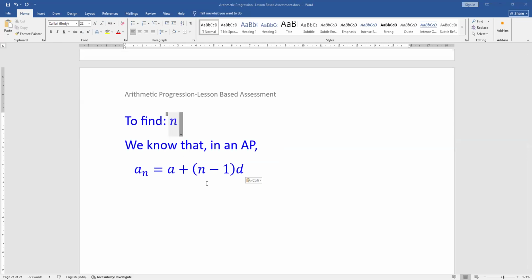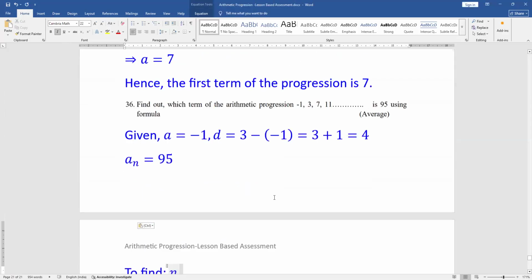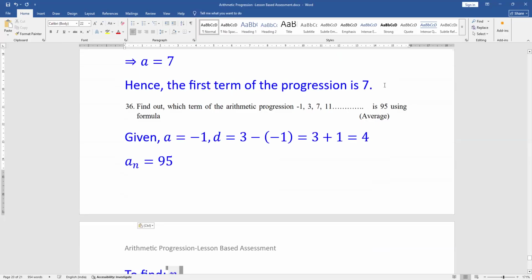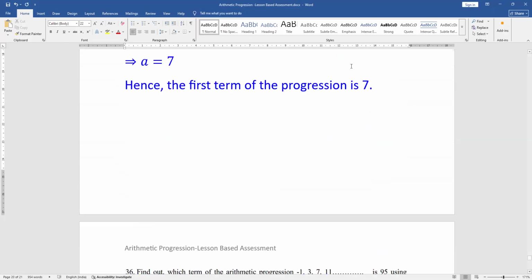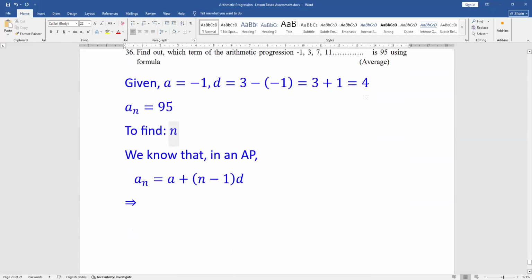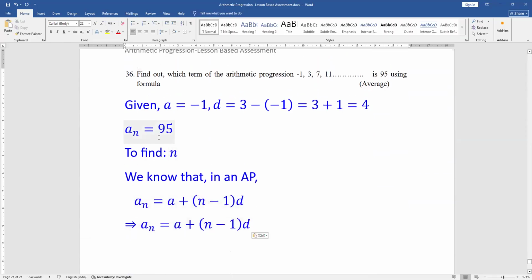Okay. Then in my next step, I'm going to substitute. Let me show you the substitution. Now here we do substitution one by one. Just observe how we are substituting. So now here an, I'm going to replace it with 95.